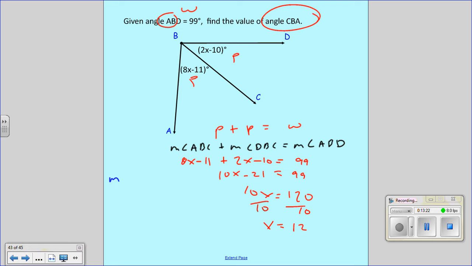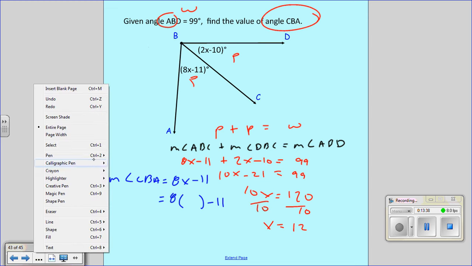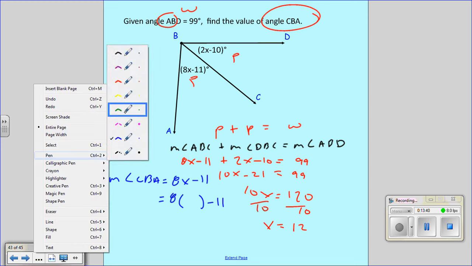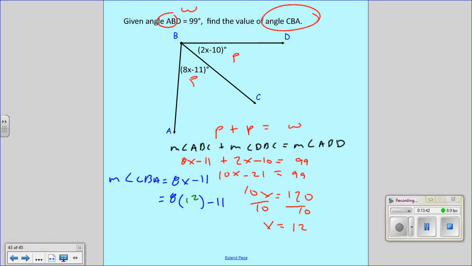The measure of CBA was 8x minus 11. So we're going to substitute x with 12. 8 times 12 is 96.